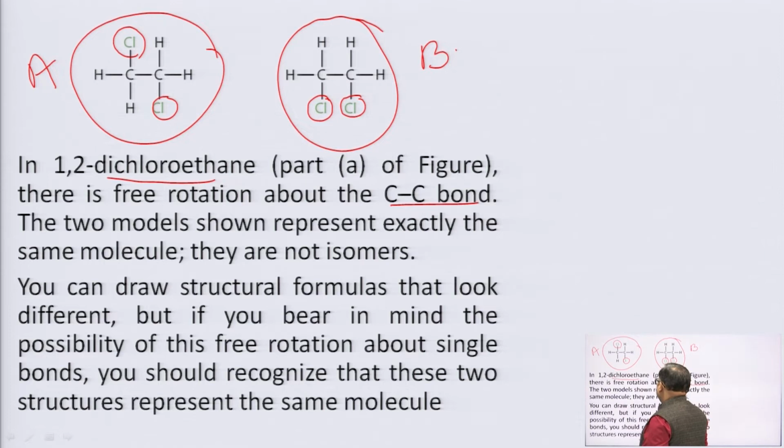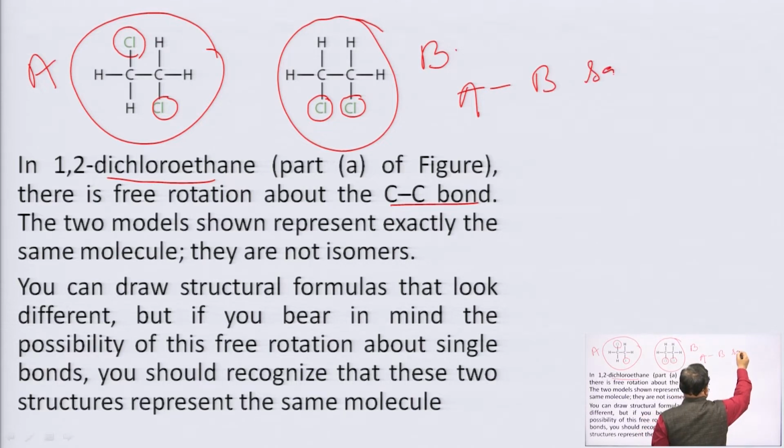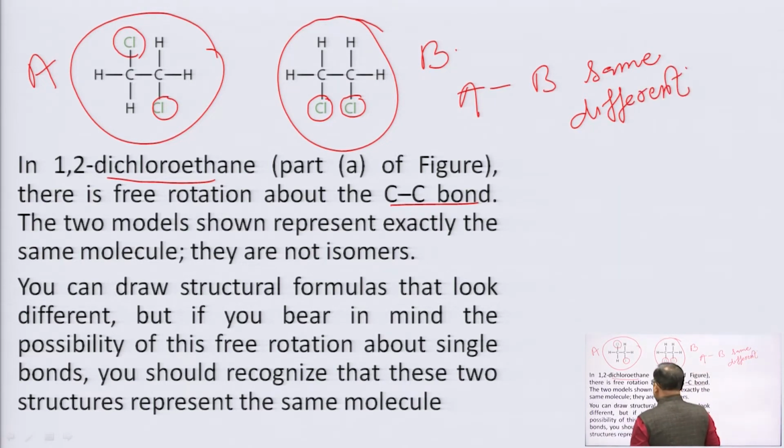Now, this is the question whether these two molecules are representing the same molecule or different molecules. Whether the compounds A and B are the same or they are different. The two models are representing exactly the same molecule; they are not isomers.